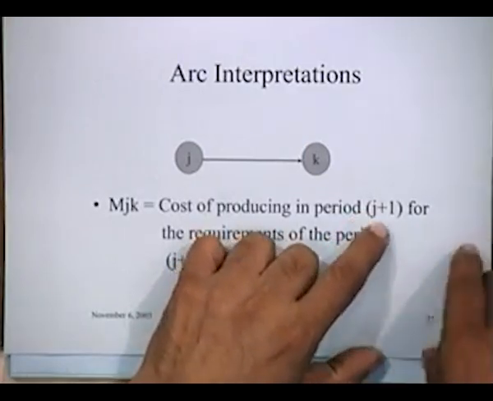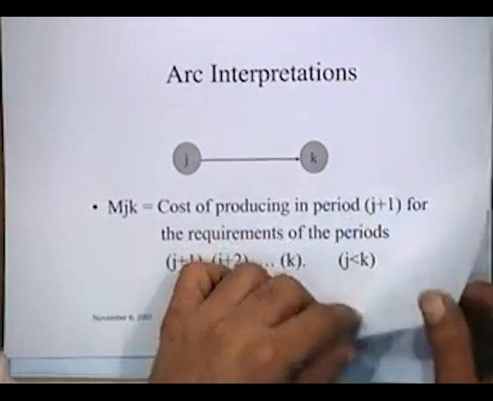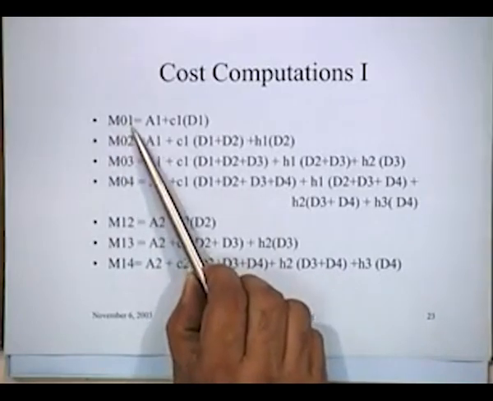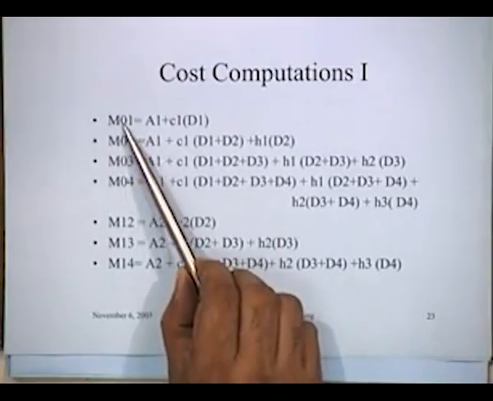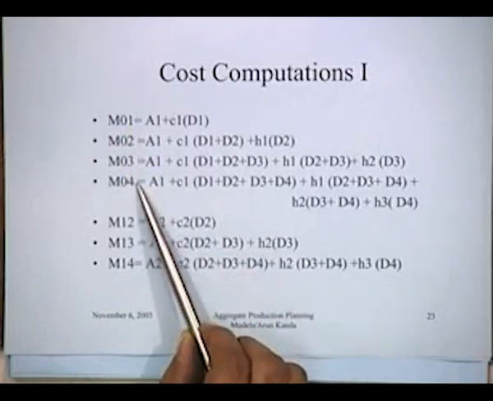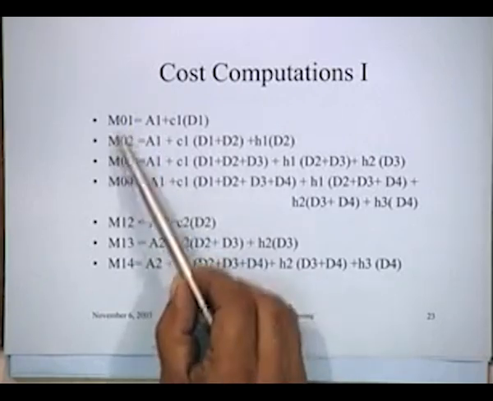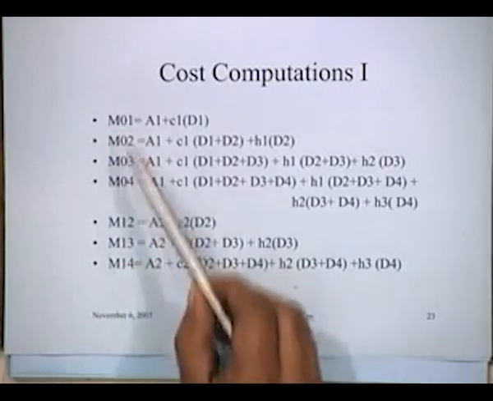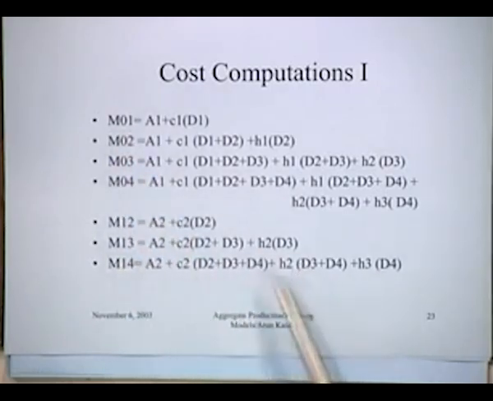So what we do is we can do the cost computations. The cost computations are basically computing the length of each arc. There is an arc from 0 to 1, 0 to 2, 0 to 3, 0 to 4. There are 10 arcs in all, 4 from 0, 3 from 1. Each of these arcs will have a value.